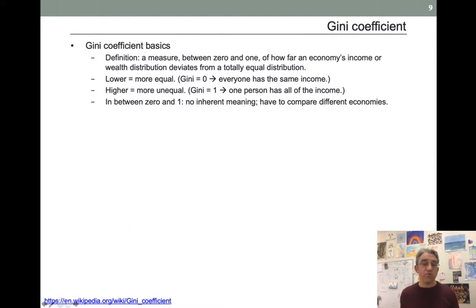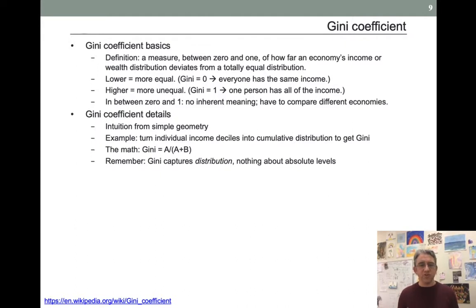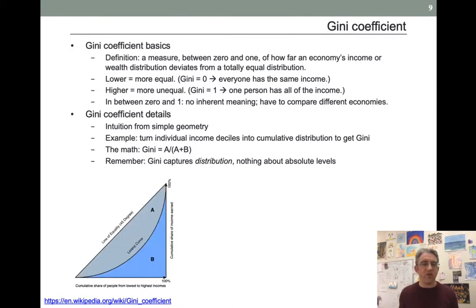So let's go through some more of these details. The intuition I'll give you in a moment is from simple geometry. And we'll also see that we'll turn individual income deciles into a cumulative distribution to get a Gini coefficient. The basic math that you see here in the chart is just this.